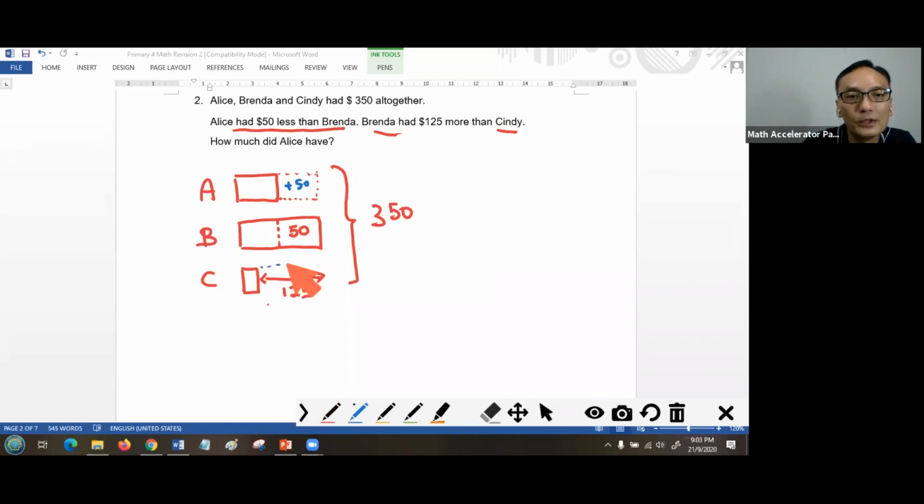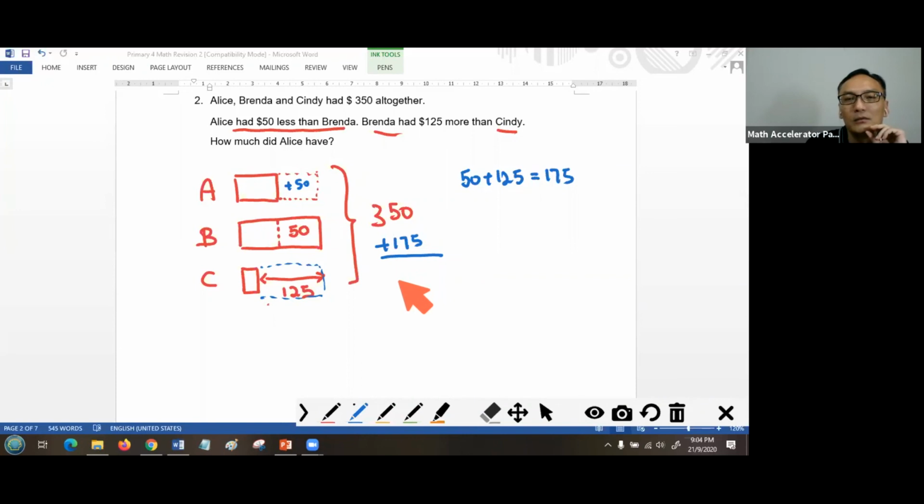Here also we need to add 125. So 50 plus 125. What would this give us? 175. So we add 175 to the left side. We must also add 175 to the right side, right?